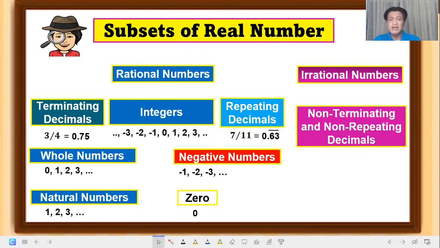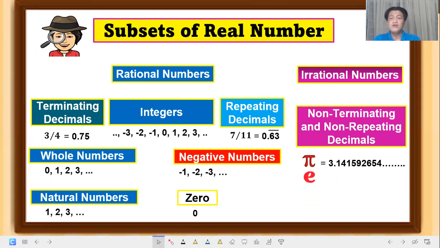Ang tanong natin dyan, ano yung relasyon ng bawat isang set of numbers dito sa ating subsets of real numbers? Okay, kung mapapansin natin, yung kanyang example ng non-terminating at non-repeating, by the way, that is pi. Yun yung famous, approximate 3.14, 15, and so on and so forth. Never ending, tsaka non-repeating.